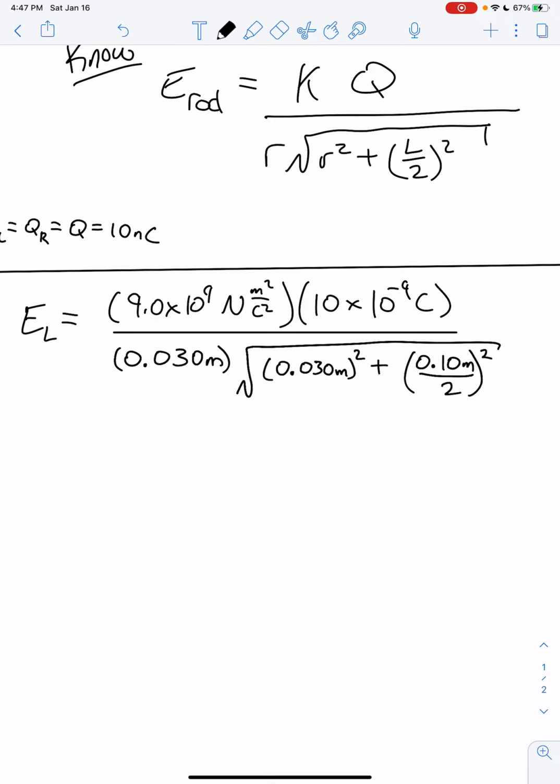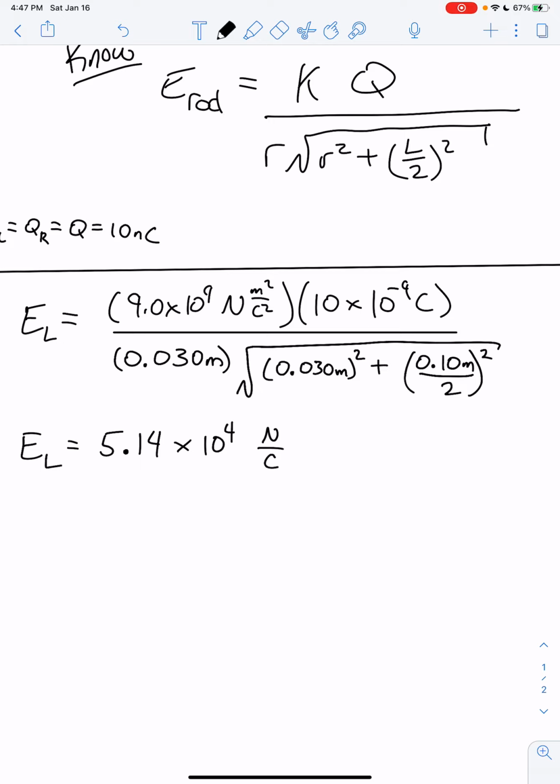Altogether, we have an electric field at that point equal to 5.14 times 10 to the 4 newtons per coulomb.